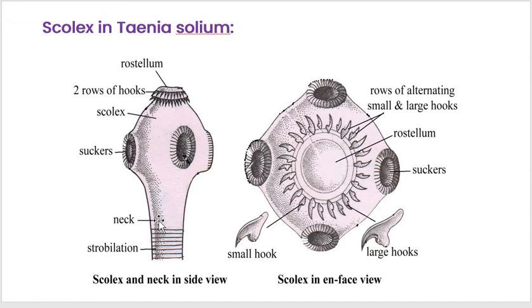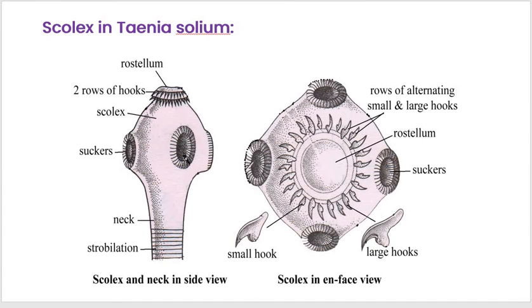Now at the apex it bears a bulbous, rounded, mobile cone-shaped structure known as the rostrum. Such a rostrum is surrounded by two rows of 22 to 32 curved chitinous hooks.